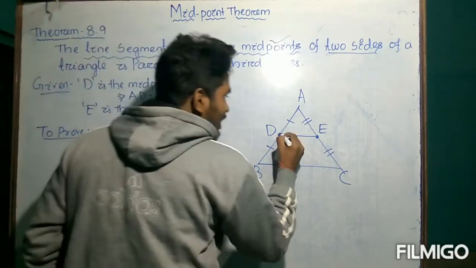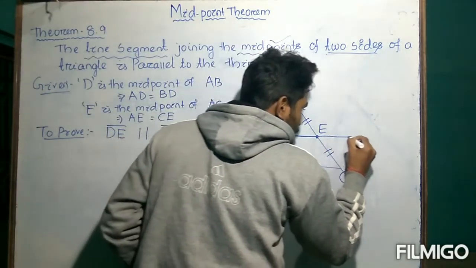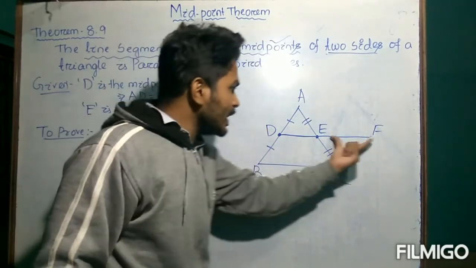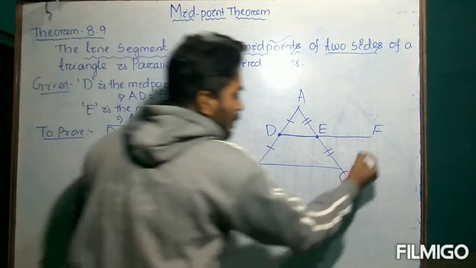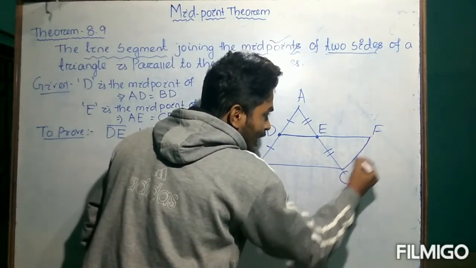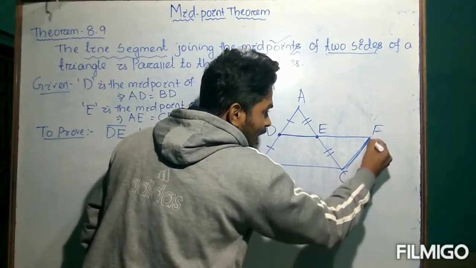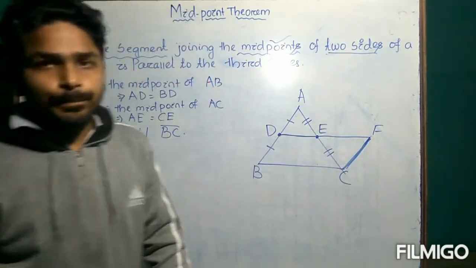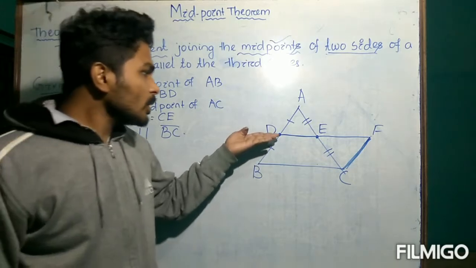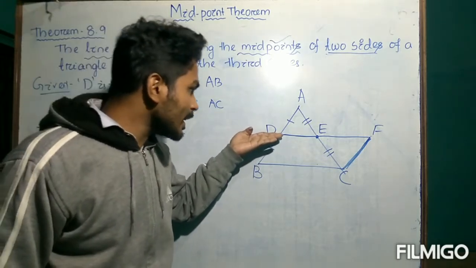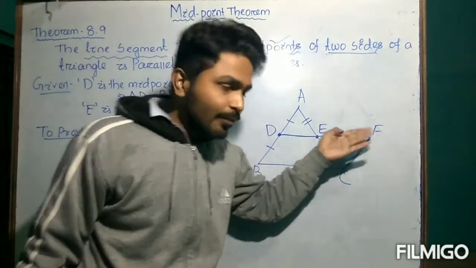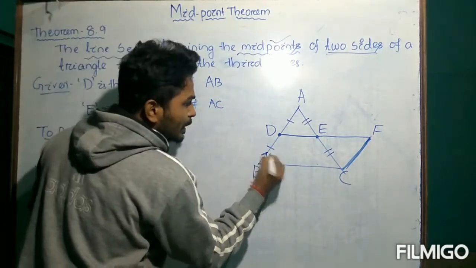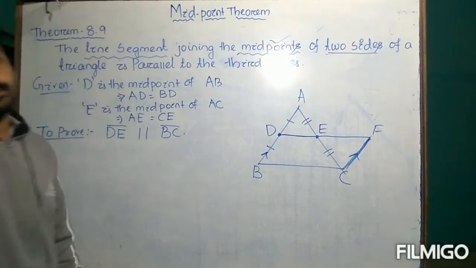We have to extend the line DE to a point F and join F and C such that DB is parallel to FC.